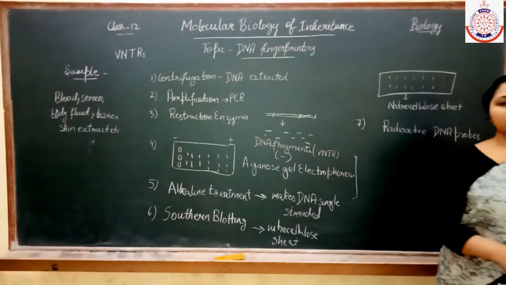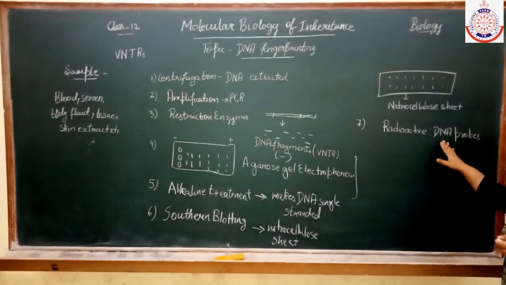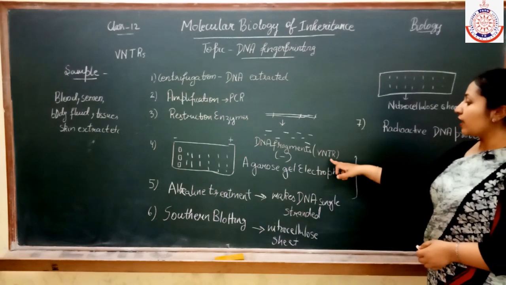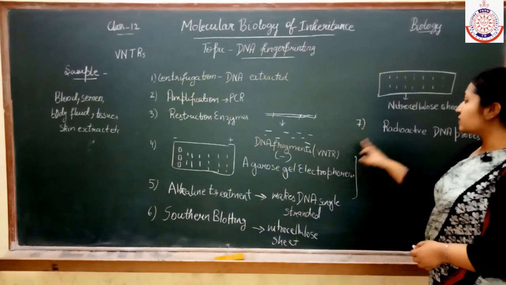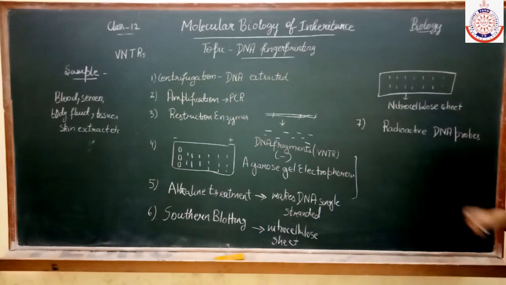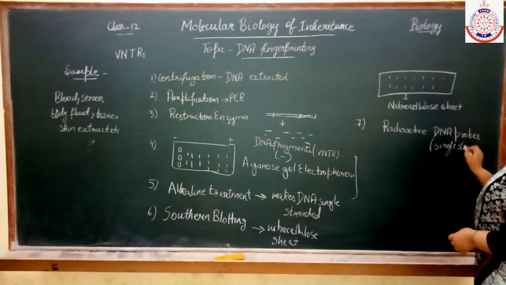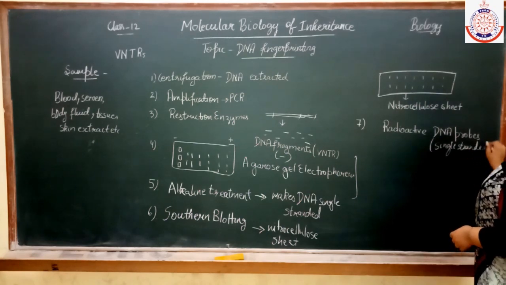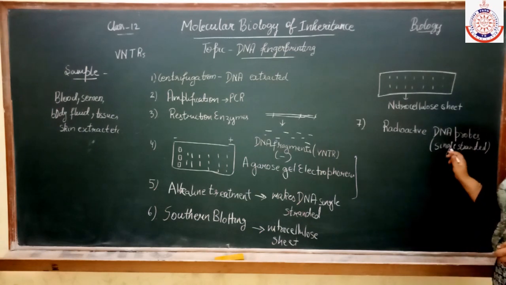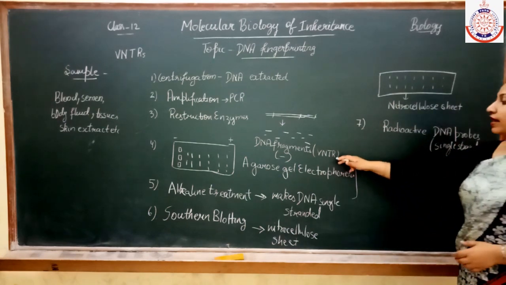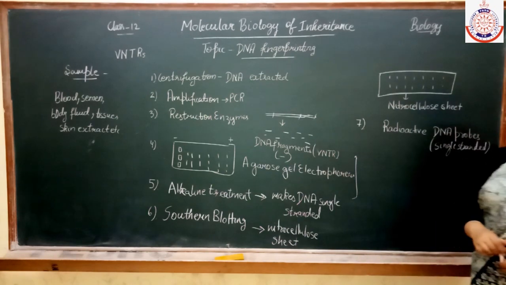Radioactive DNA probes have complementary base sequences to the VNTR sequences, the DNA fragments having the VNTR sequences. These DNA probes are also single-stranded and they are prepared artificially in the lab, and they contain the complementary base sequences which can base pair with the VNTRs which are present over the DNA fragments.